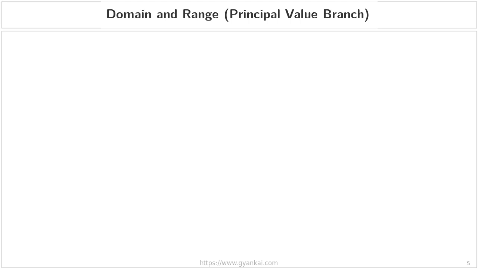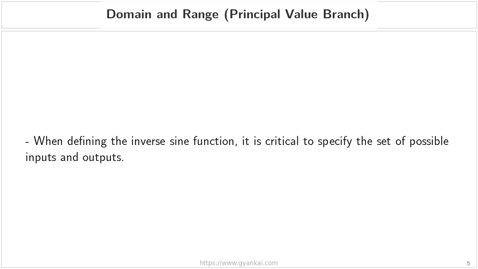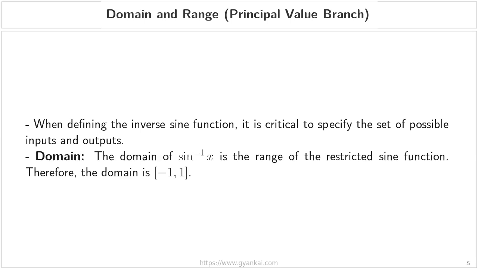Domain and range, principal value branch. Now that we have defined the inverse sine function, it is critical that we clearly specify the set of possible inputs and outputs to ensure the function remains well-defined. Let us first discuss the domain. As we have learned, the domain of an inverse function is the range of the original function.